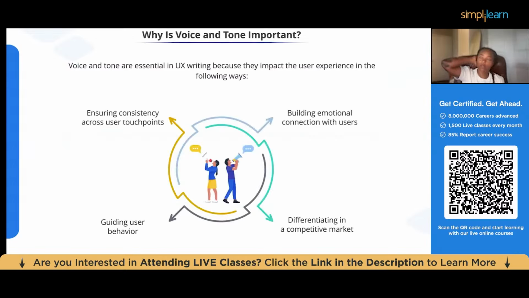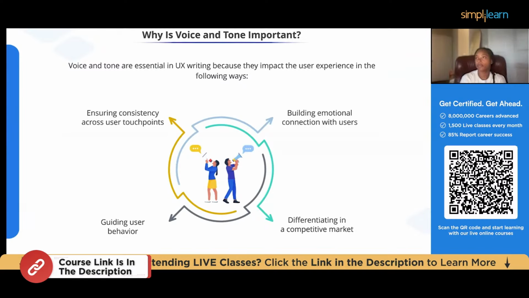Why is voice and tone important? Voice and tone are essential in UX writing because they impact the user experience in the following ways: ensuring consistency across user touchpoints, building emotional connection with users, guiding user behavior, differentiating in a competitive market.